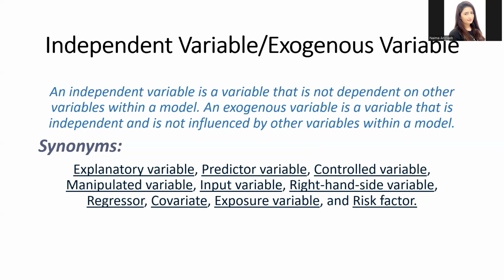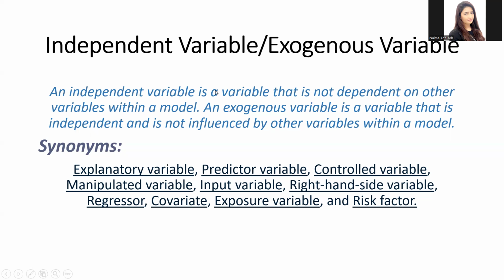It stands independently in the model, has its own strong grounds, and will not get impact from other variables in the model. This variable influences other variables but does not get influenced by them.